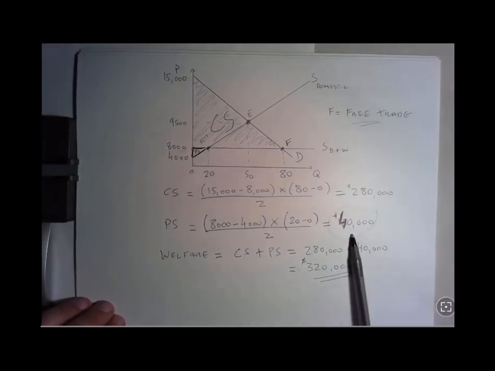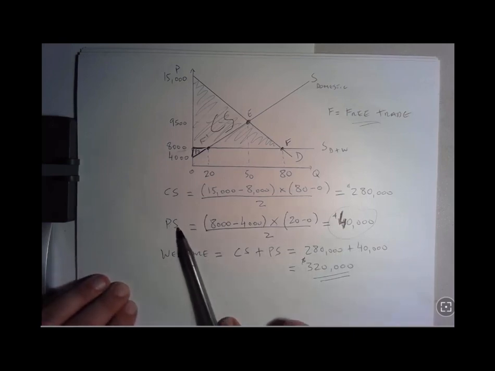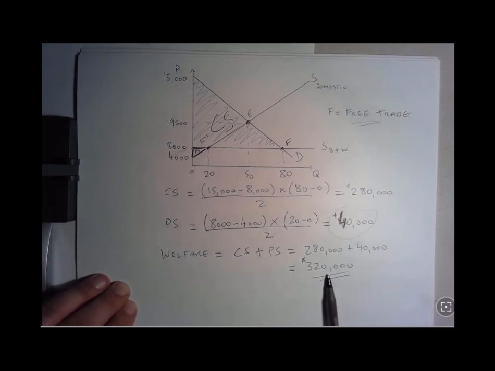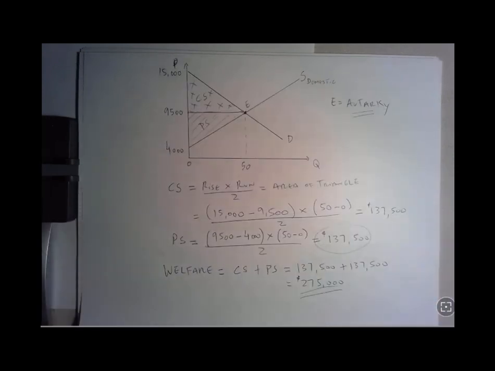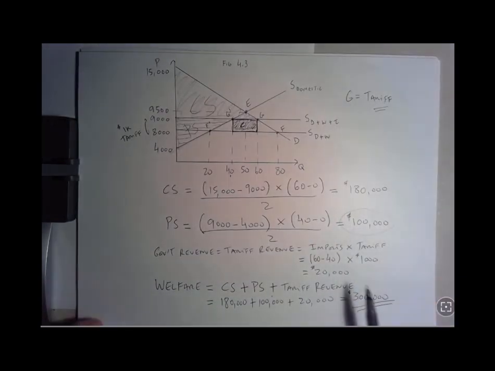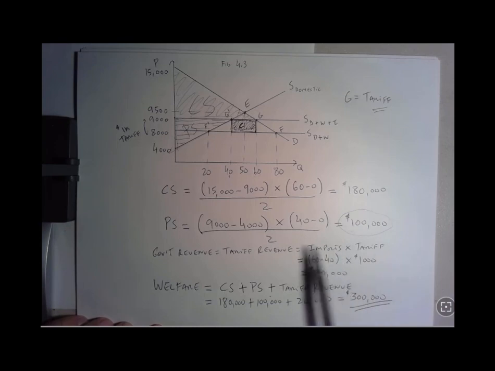However, certain groups in society were dissatisfied, particularly producers. If we give some form of protectionism to them, the level of welfare is no longer going to be maximized, but it doesn't need to be as bad as the case of a closed economy. So under the tariff scenario, the welfare goes all the way to 300,000.